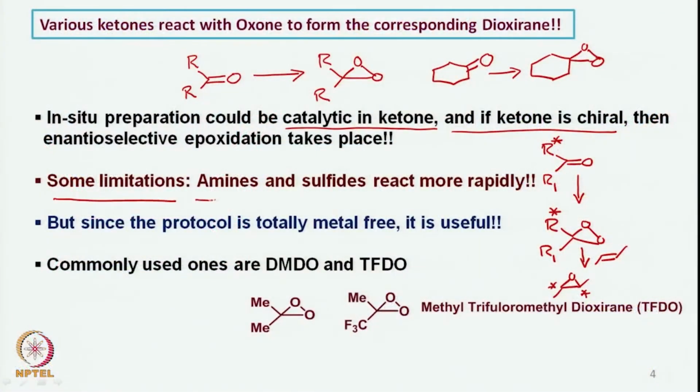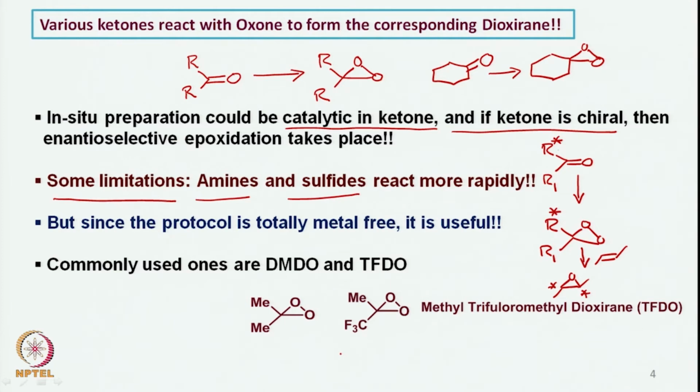That is the reason there are some limitations: amines and sulfides also react with dimethyl dioxirane even more rapidly than the double bond, obviously because we have a lone pair of electrons on the amine as well as on sulfides. But since this is a metal free protocol, it is useful and people use it.